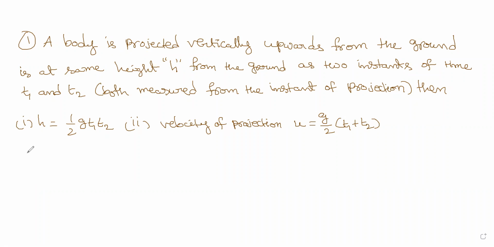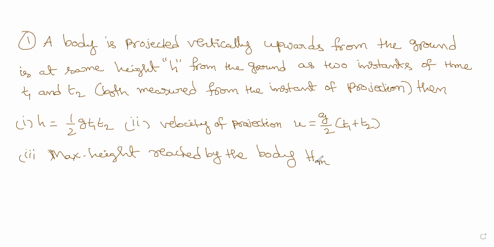And next, the third is the maximum height reached by the body, h max, is equal to half g by 8 into t1 plus t2 whole square.